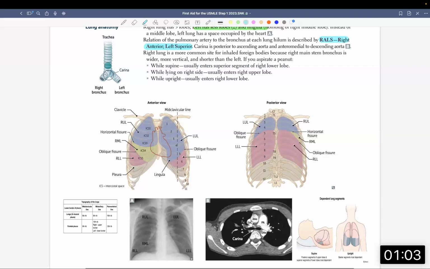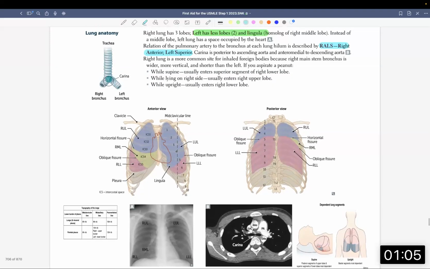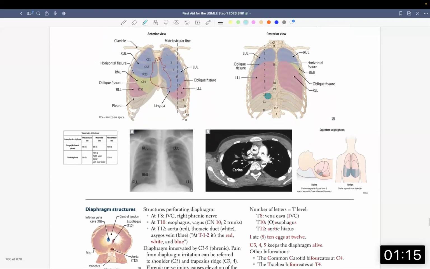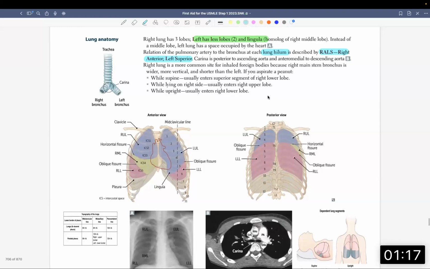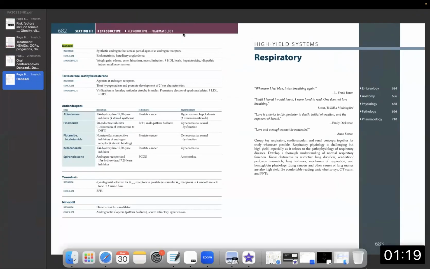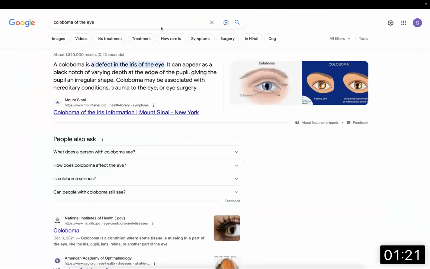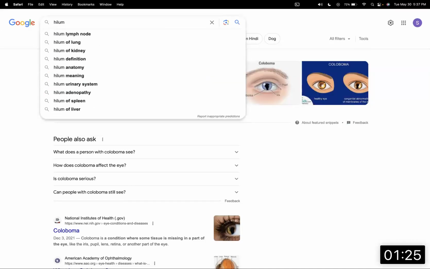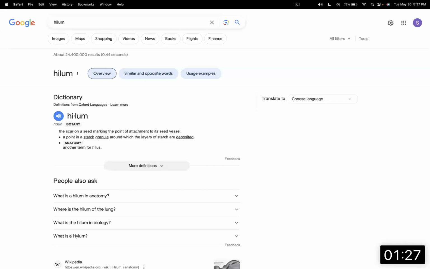The hilum is where the trachea divides into the, no, that's the carina. What's the hilum? Let me check. Where the bronchus and everything else enters the lungs, that's the hilum. It's the attachment site, yeah, you're right.